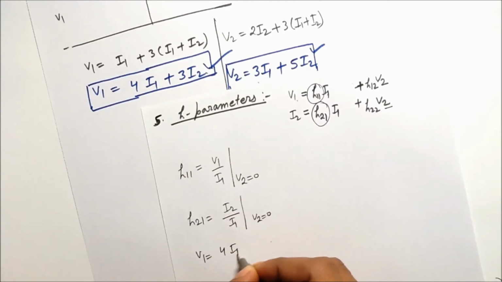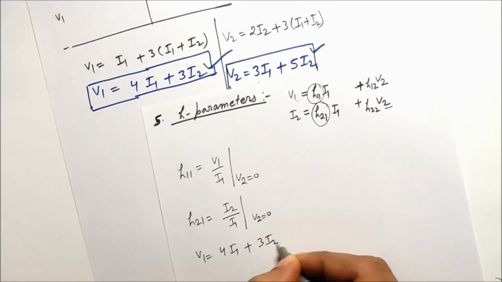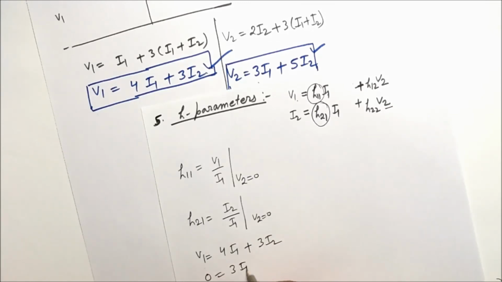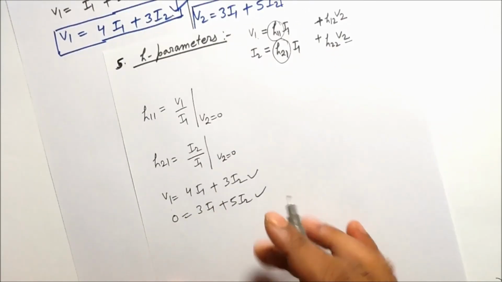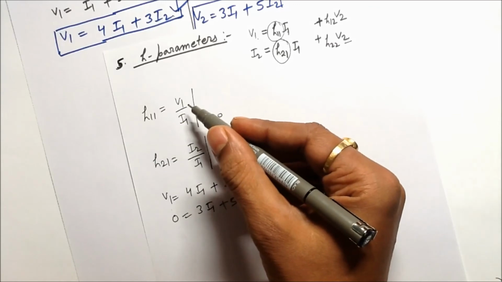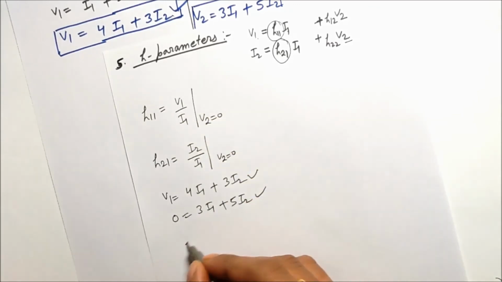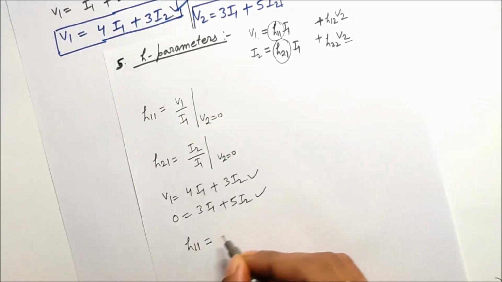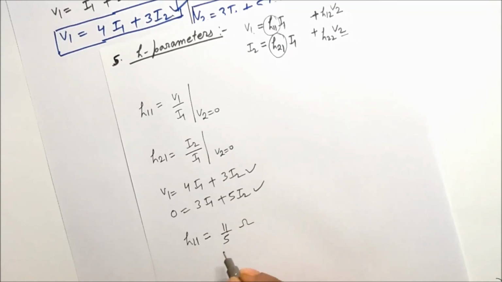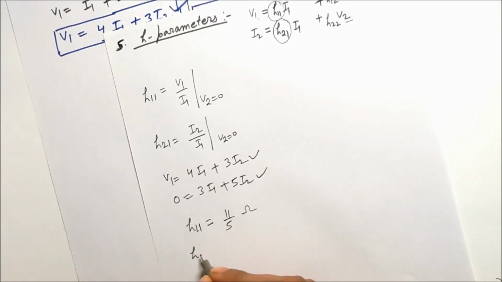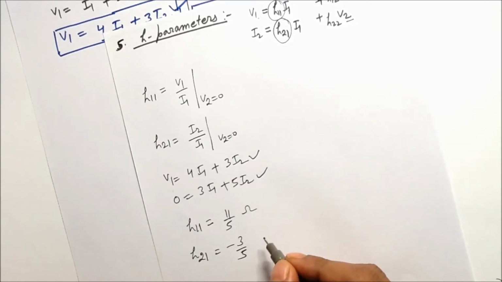Equation 1 will remain as it is, V1 equals 4I1 plus 3I2, and 0 equals 3I1 plus 5I2. With the help of these two equations you can find the value of V1 upon I1 and I2 upon I1. So you will get H11 equals 11 upon 5 ohm, and the value of H21 will be minus 3 upon 5, and it will be unitless.